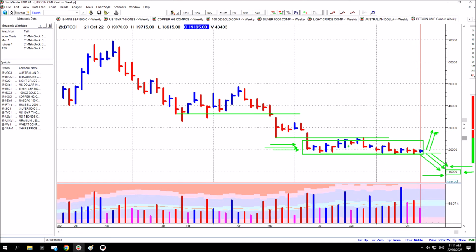It's going on a little bit longer than I'd like. An accumulation like this would normally last 12 to 16 weeks, 3 to 4 months, and it's getting on towards 5 months now. It's a little bit long-winded, and you have to wonder whether sentiment's changing from what it originally was to where it is now.